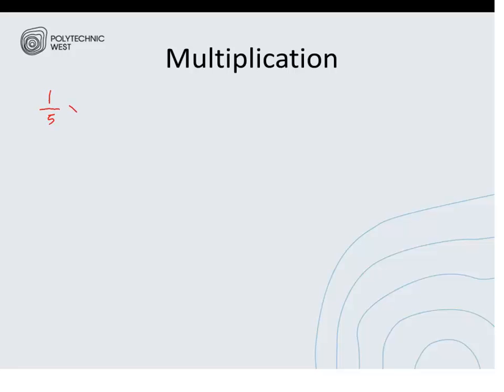So if I've got a division, 1 over 5, a multiplication, and another division, 2 over 3, I can change the order and just make that 1 times 2 over 5 times 3. Now what I've got is something where I multiply the top and I multiply the bottom. And 1 times 2 is 2. 5 times 3 is 15. So I'm allowed to do that because you can change the order.